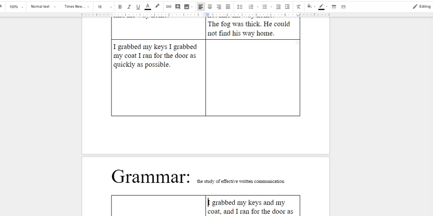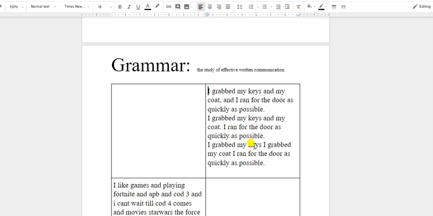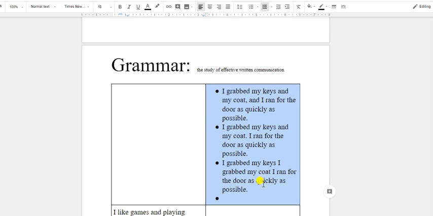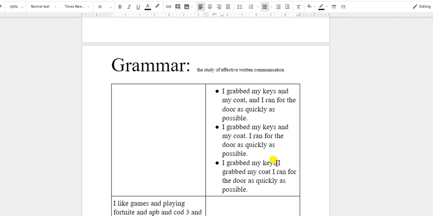So you can see it all at once. What if I said, I grabbed my keys, comma, then I grabbed my coat, comma, then I ran for the door as quickly as possible.